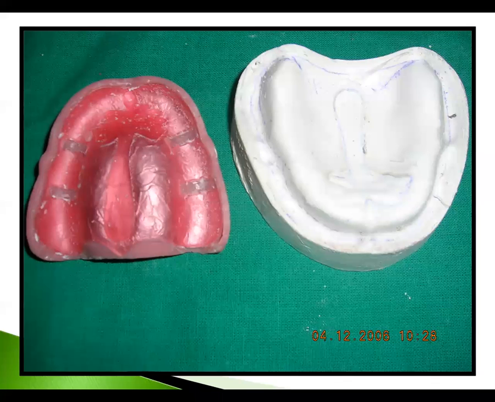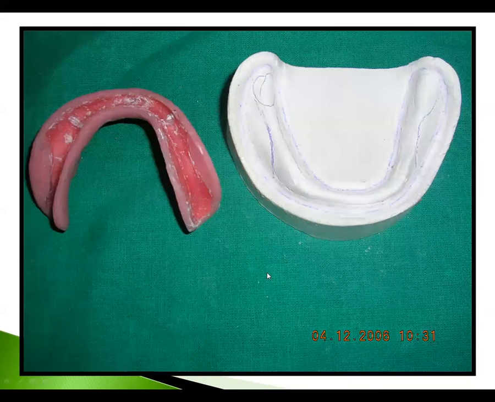In this cast, you can see relief is provided in this area, and these are the stress-bearing areas, that's why relief is not provided. Here, same, you can see. Here, this is the primary stress-bearing area in the mandibular ridge.